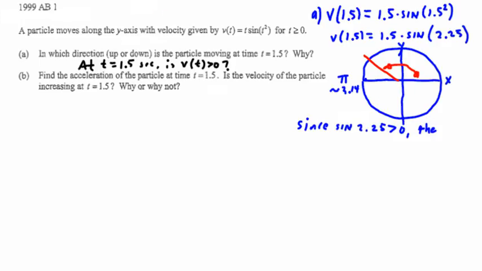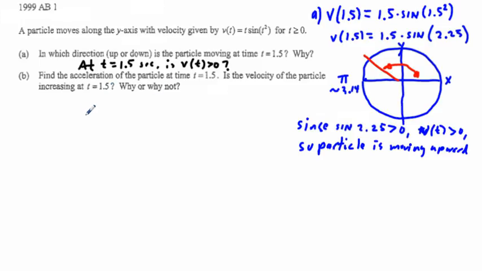Or let me put further logic in there: v of t is greater than 0, so the particle is moving upward. So that's part A with the justification, that since sine 2.25 is greater than 0.